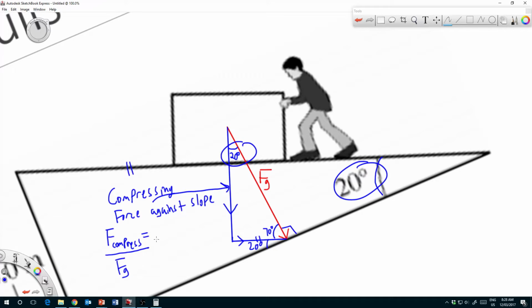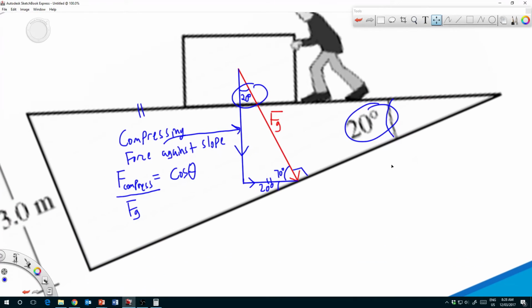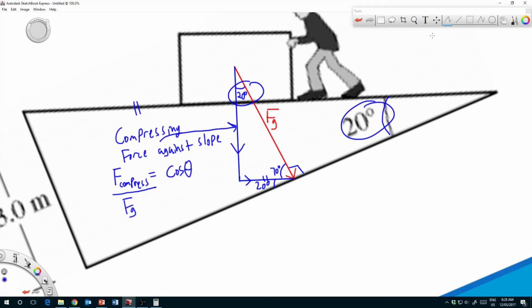The force compress is going to be equal to cosine theta, because theta is this angle and also happens to be the angle of the slope. And if you rearrange this equation, you get the following. The compressing force is equivalent to the force of gravity times cosine theta.